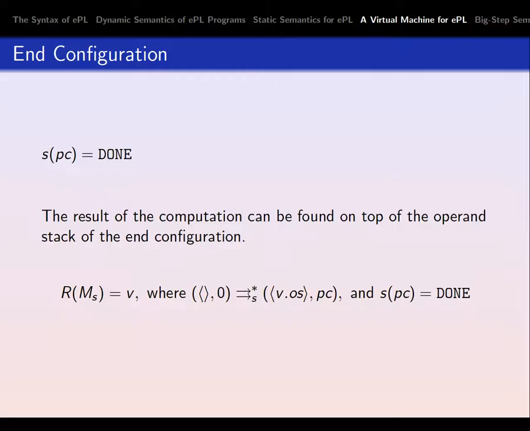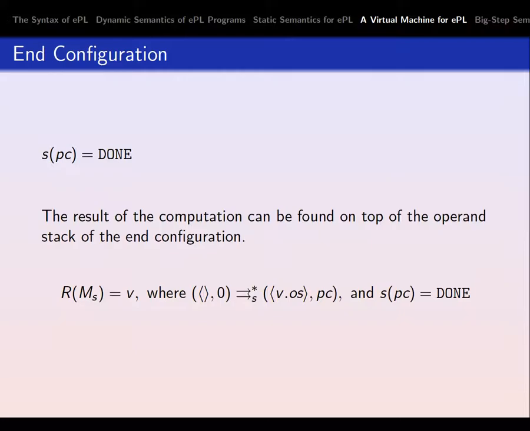Unary operations are going to have a single operand. All right? And the end configuration, what we call the end of configuration, is one where the current PC indexes the instruction done. And at that point, we wonder what value has been computed.